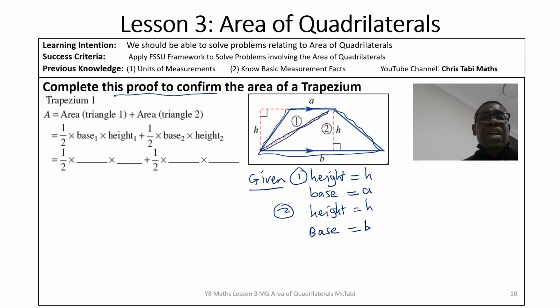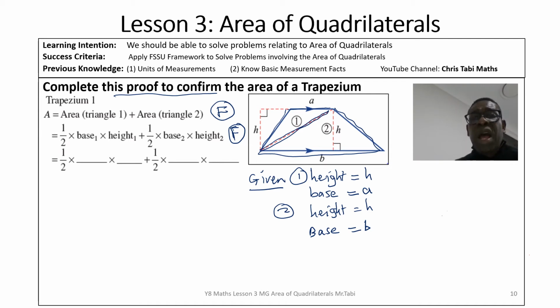All right. So the area of the trapezium is the area of triangle 1 plus the area of triangle 2. So that's the formula we have. So half times base 1.